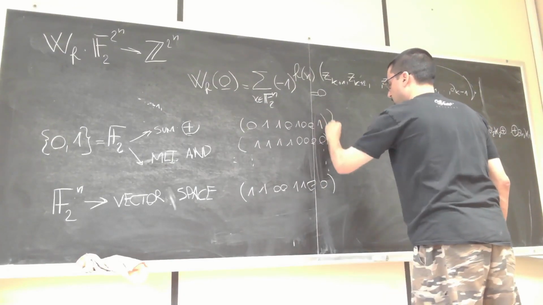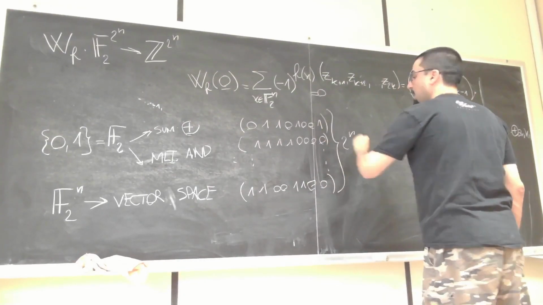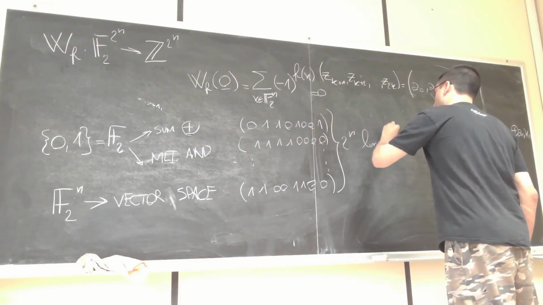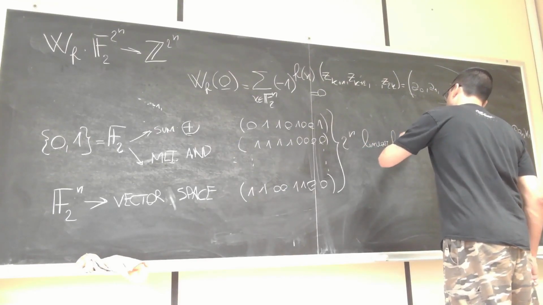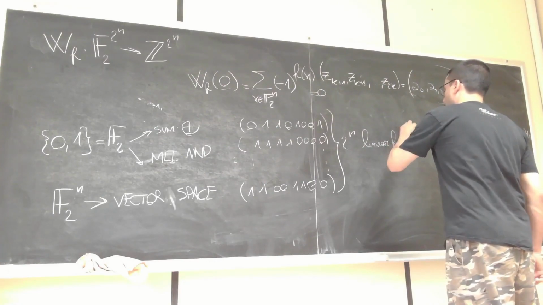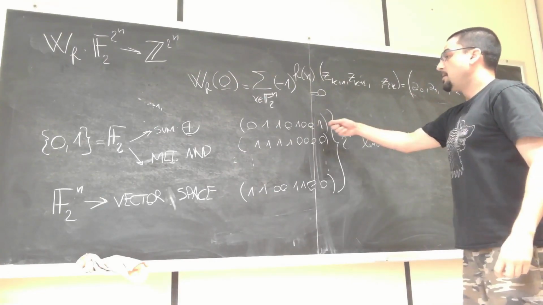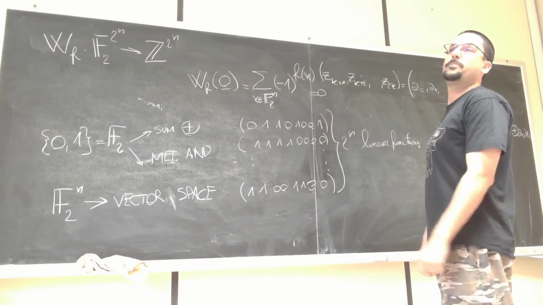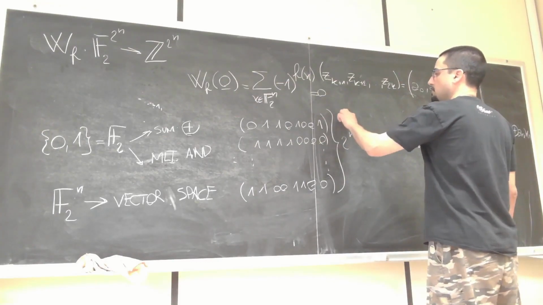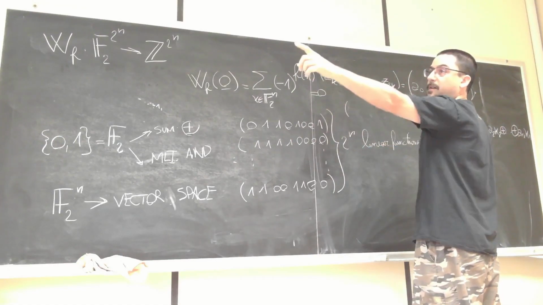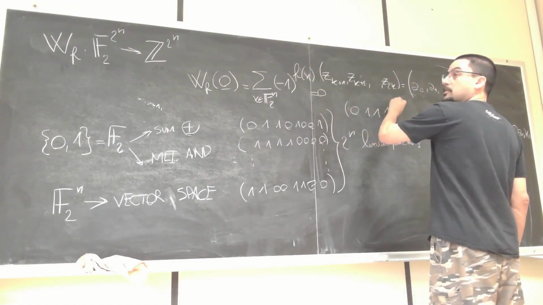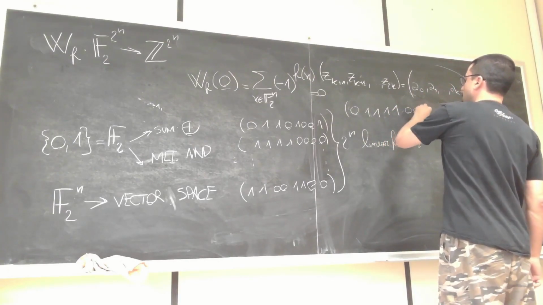We will have 2 to the n linear functions. And then for each of them, we compute the Hamming distance of the truth table of our function, which in this case is 0, 1, 1, 1, 1, 0, 0, 0.